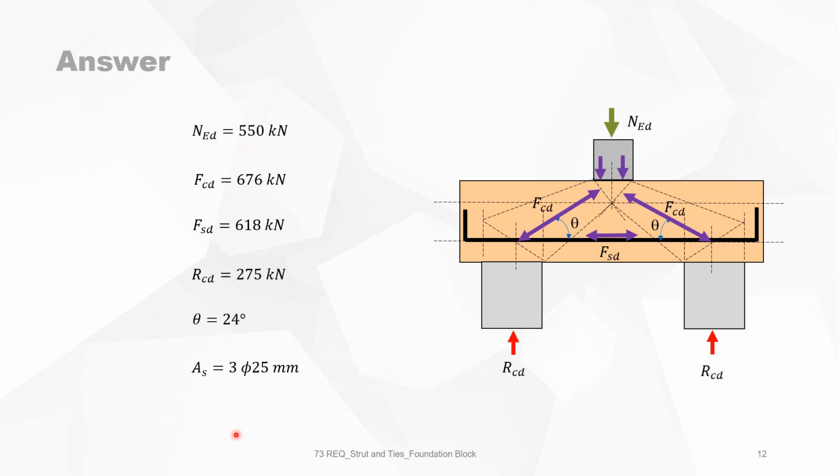Finally, to sum it all up, the total force was 550 kilonewton. The force in the compression strut was 676 kilonewton, and the tensile force in the tie was 618 kilonewton. The angle of the compression strut was 24 degrees, and the reinforcement was 3 diameter 25.